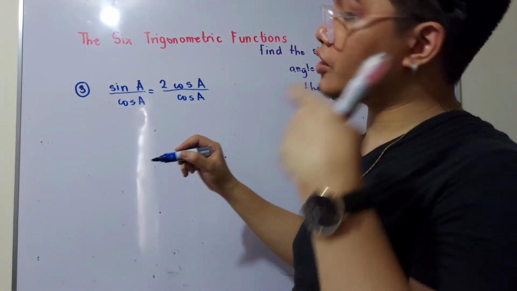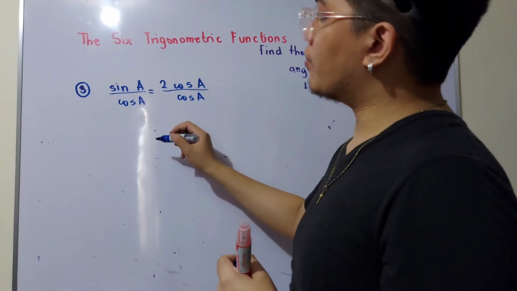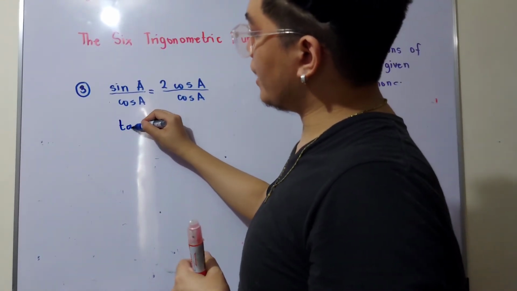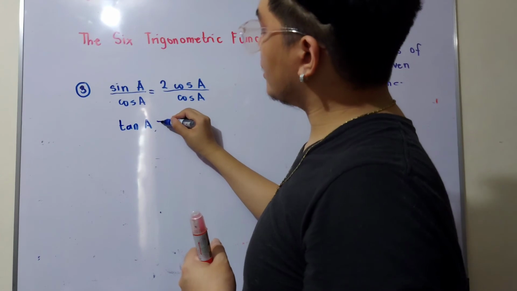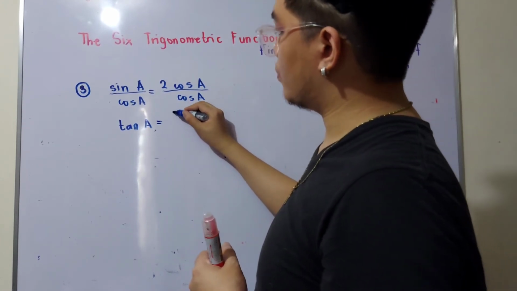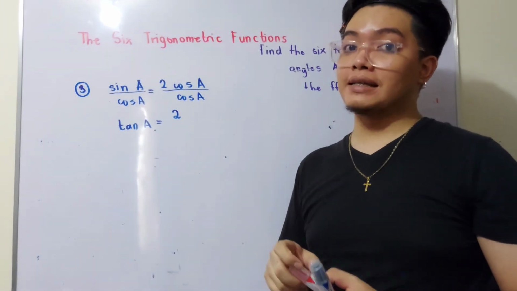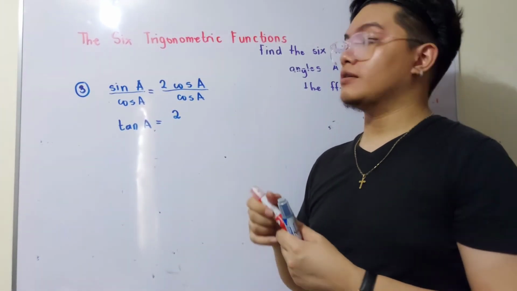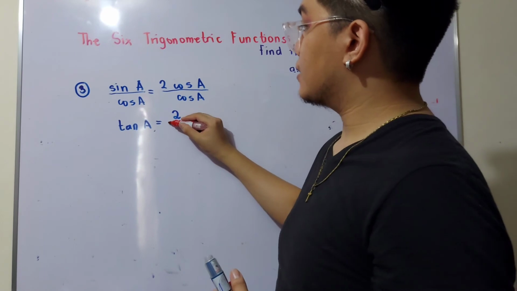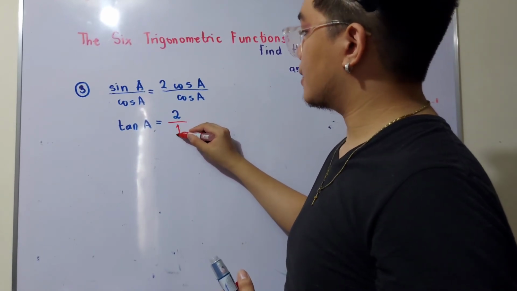So through the ratio identity, sine A over cosine A is equal to tangent A. Tangent A ngayon is equal to 2. And as you know, 2 can be expressed as a fraction, which is 2 over 1.